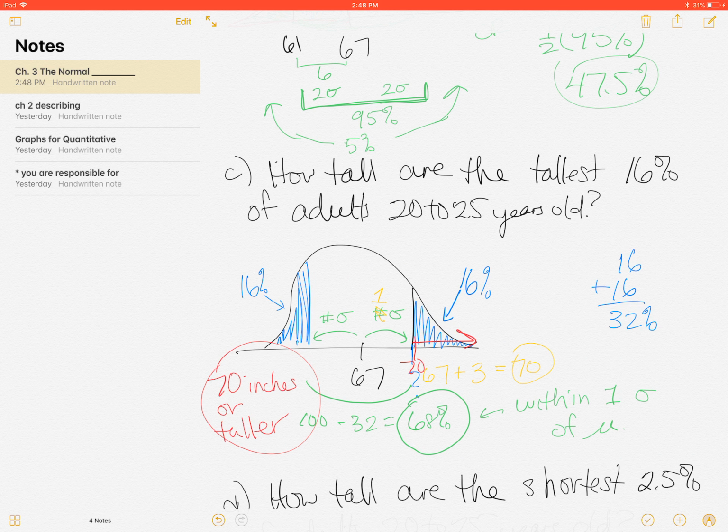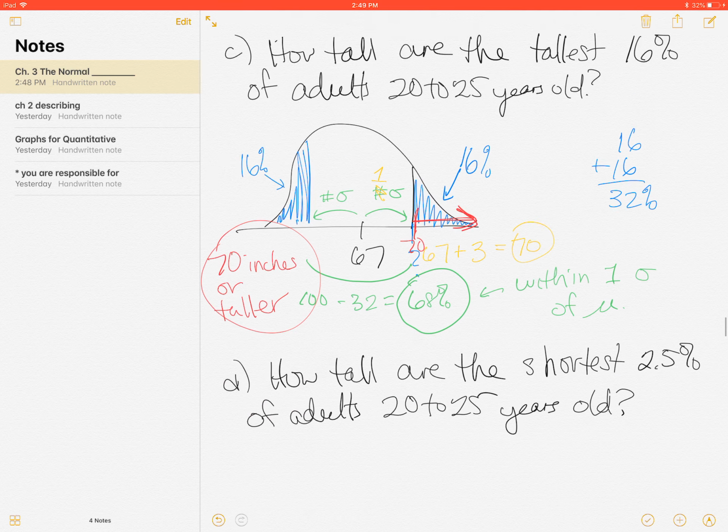This is 70. I wanted 70 and bigger. So when it says how tall are the tallest or how tall are the shortest, it's going to be this or more, this or less. Notice you didn't have to give me a different side. You didn't have to say 70 to 80. You just said 70 or more.